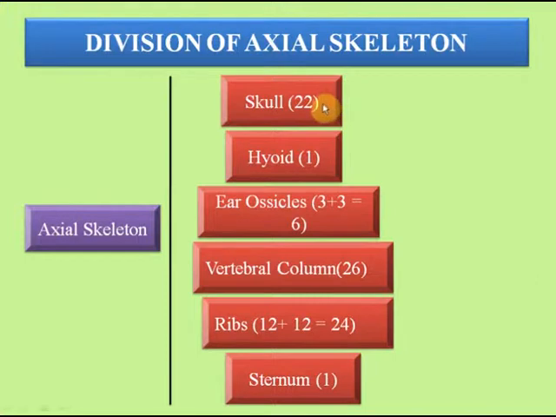If we calculate all these bones, the total is 80 bones. So these are the 6 parts, or the composition, of the axial skeleton.